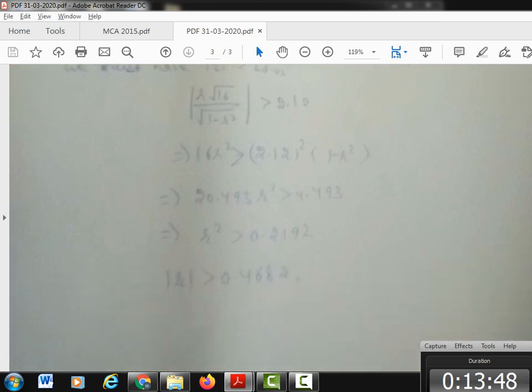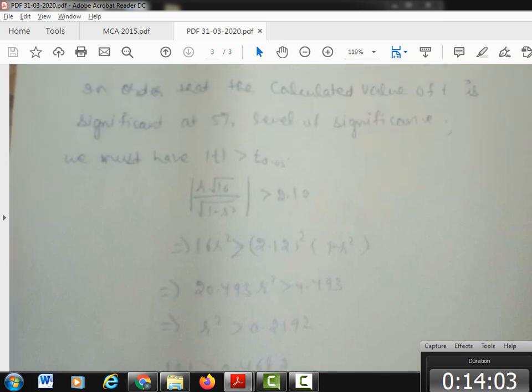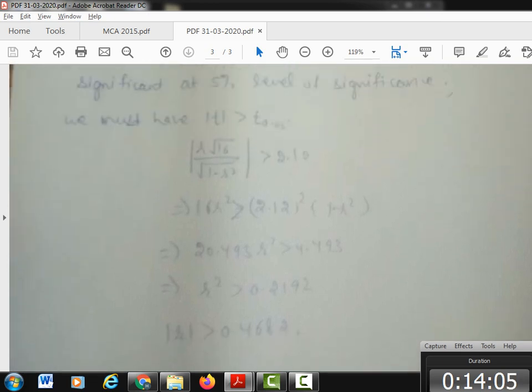After simplifying, you can check, I am getting r square as 0.2192. Taking square root on both sides, I am getting mod r, and I just have to take the positive value, that is 0.4682. So in this case the absolute value of r should be greater than 0.4682.